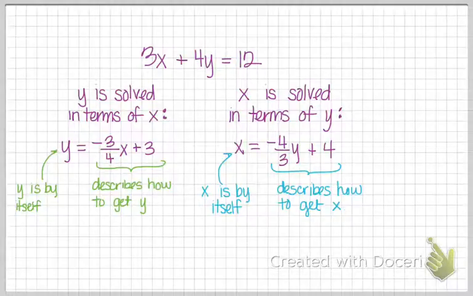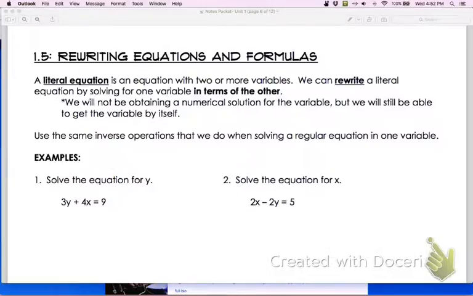And then on the right side, negative 4/3 y plus 4 describes to me how I can figure out what x is. So if I knew, for example, that y was 6, I could plug it in, and then I would know what x is. So when we say in terms of, it means we want the variable by itself and the other variable to describe to us how to get it. So that is one of the things that we are going to be looking at.